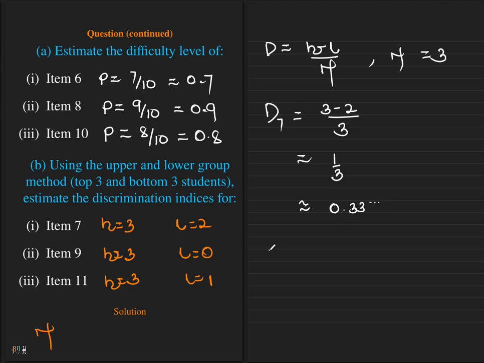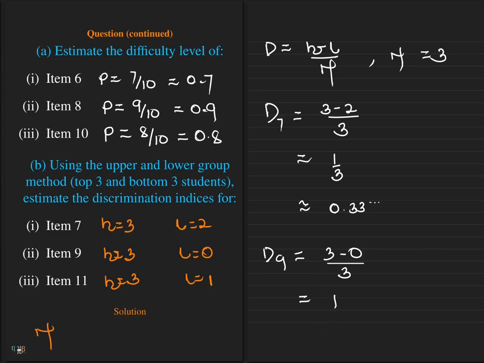Let's look at that of item 9. Still using this formula, H minus L, we have 3 minus 0 all over 3. That gives you 3 over 3, which is 1.